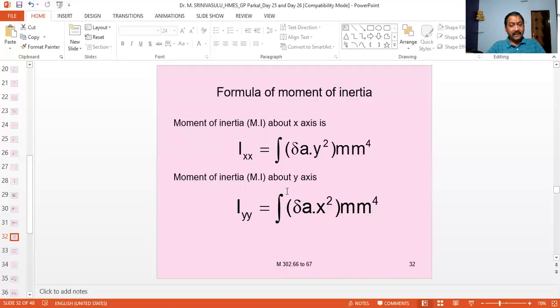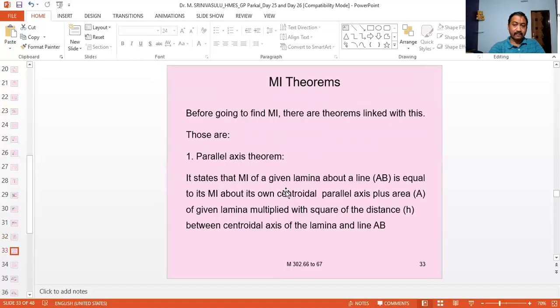Coming to the units, area is in square millimeters, and the square of the distance again gives square millimeters, so it becomes mm to the power of 4. That is the area moment of inertia about the x-axis and the y-axis.